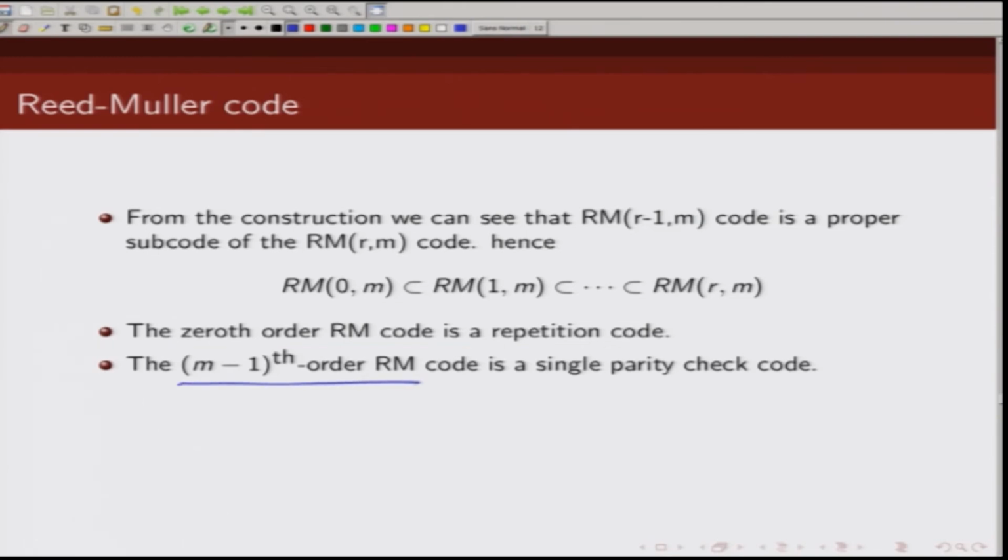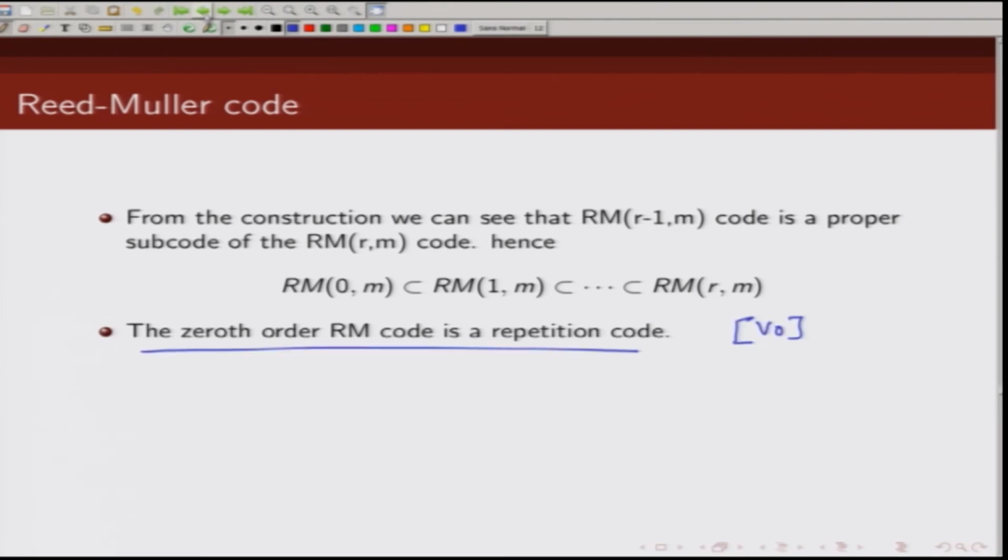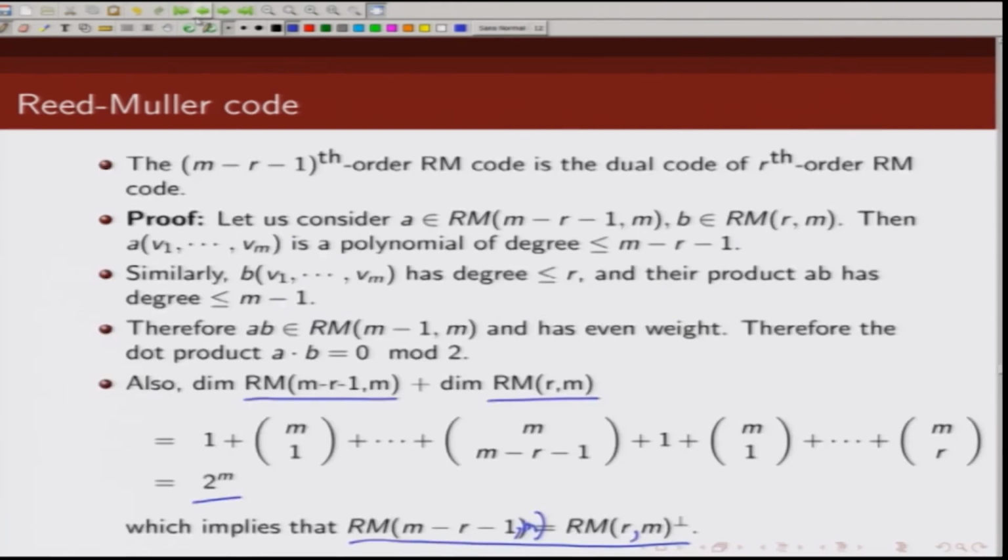The M minus 1th order Reed-Muller code is actually a single parity check code. Again, this is easy to see, we can just use the results that we have proved. We know that M minus R minus 1th order Reed-Muller code is dual to the rth order Reed-Muller code.